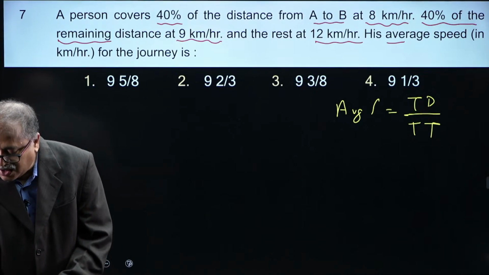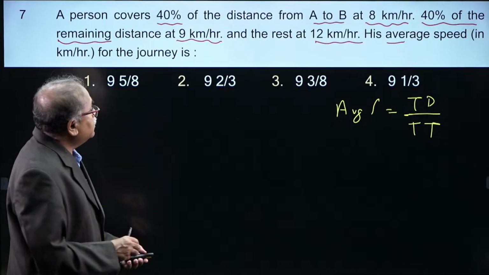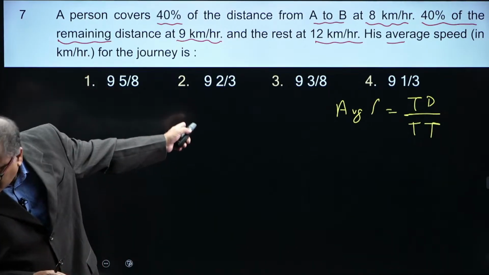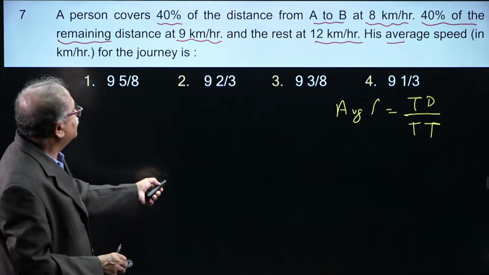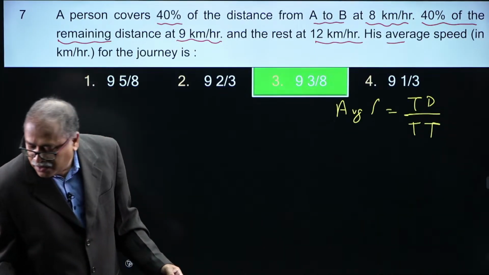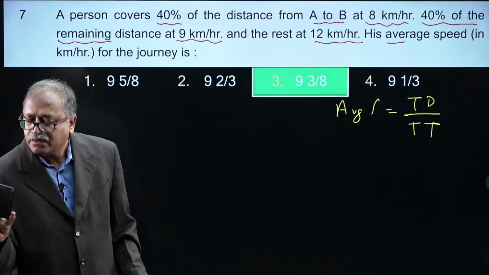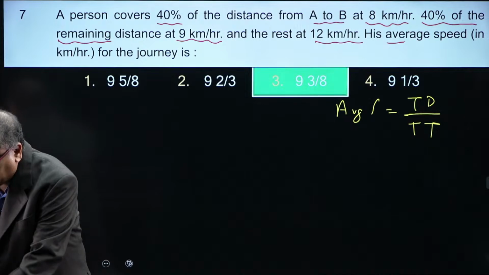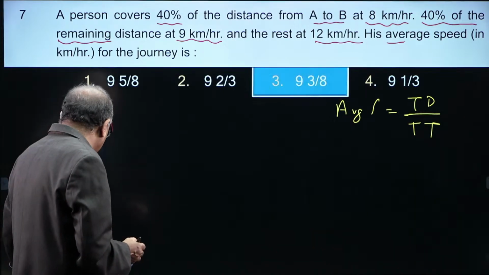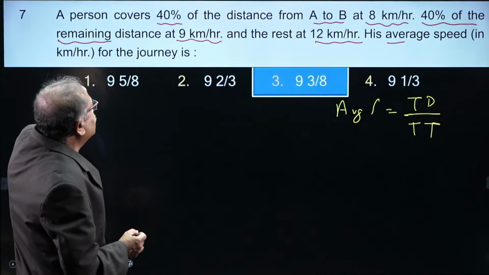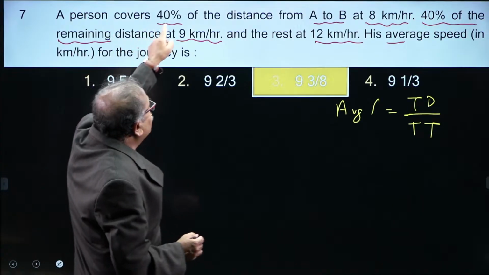Okay, okay. Let me check that. 9 2 by 3, 9 3 by 8. Sheikh Abdullah, let me check this one. What is a person 40%?